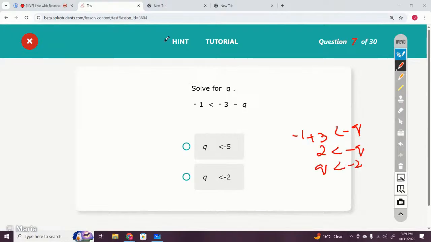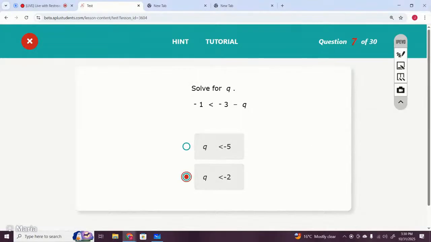Q is less than negative 2. Option number 2 is the correct option.